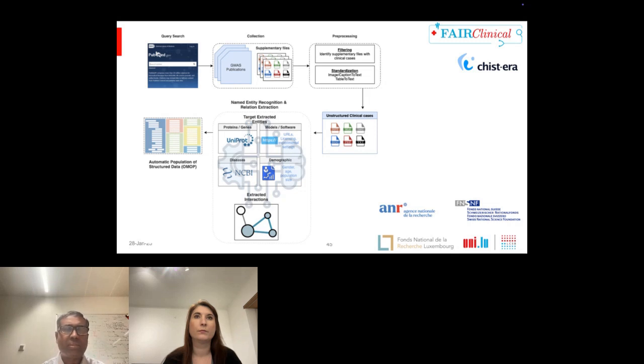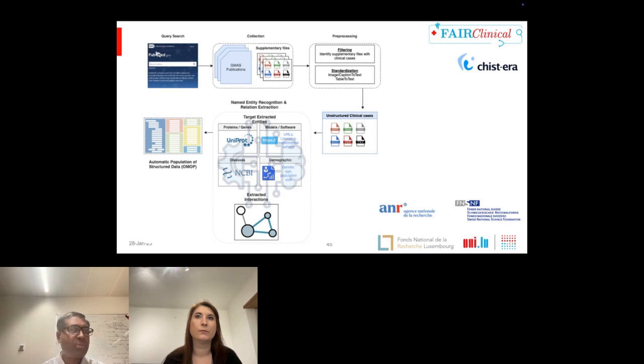Mainly it has two components: named entity recognition, and the second one is relation extraction between these entities. And here we are also applying LLMs and transformers, especially BioBERT and ClinicalBERT, to extract these entities and also the relations.